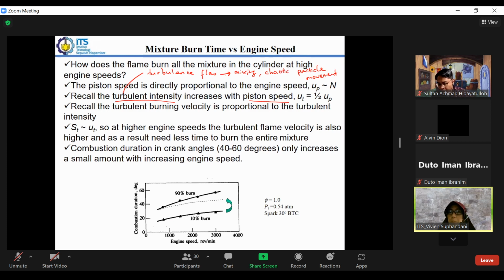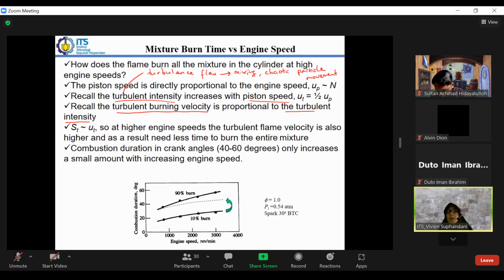So what happens with the burning process? When the turbulence intensity is increasing, the mixing is increasing as well. And when the mixing is increasing, the turbulent burning velocity is also increasing.